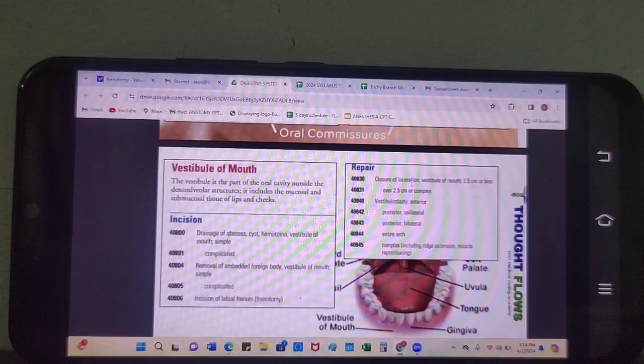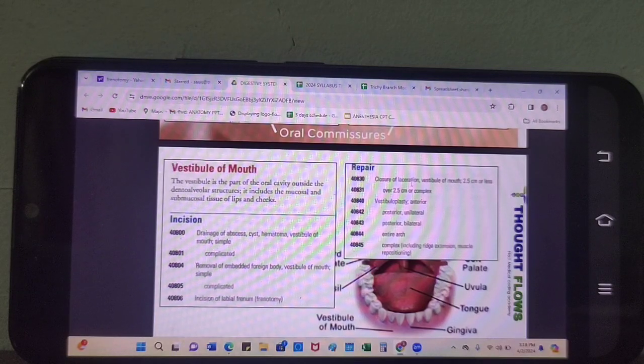Now, laceration. Laceration is a deep wound. Closure means repair. Repair means suture, stitching. Closure and repair both have the same meaning.